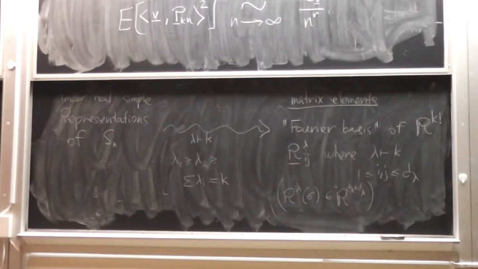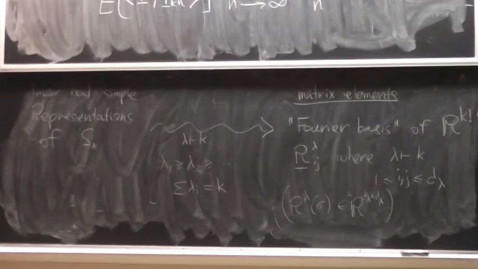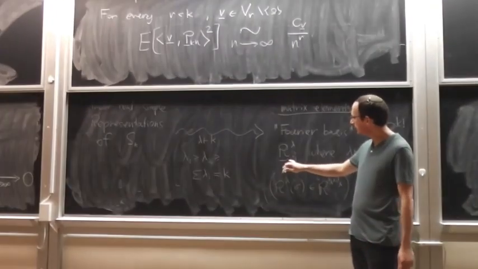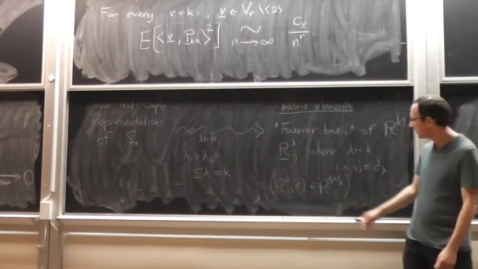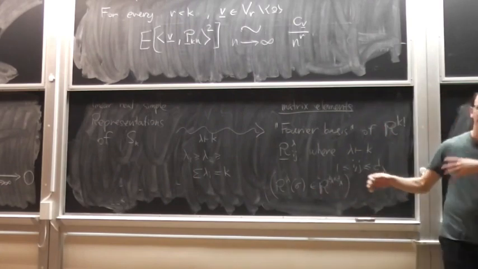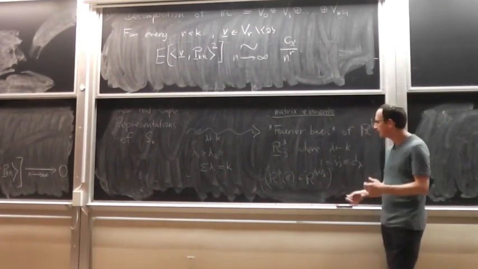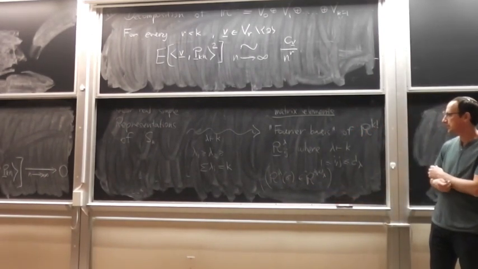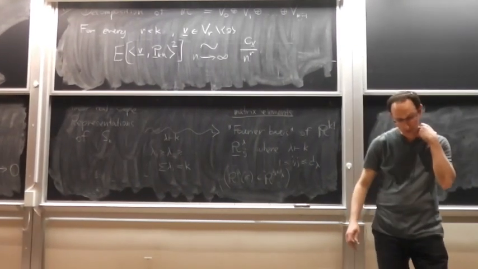An important point: these are not uniquely defined. They are defined up to something. You can conjugate these matrices by something, as long as you conjugate all of them by the same transformation. But this choice is not going to be important for us today.